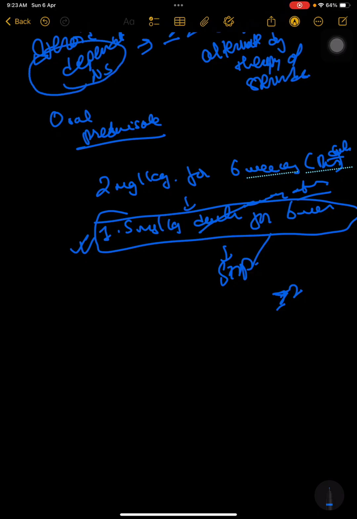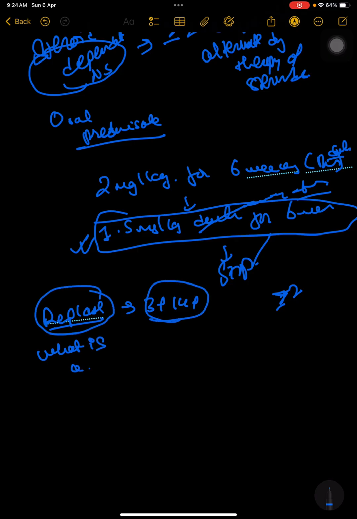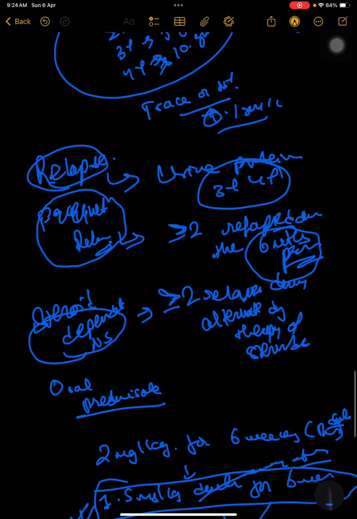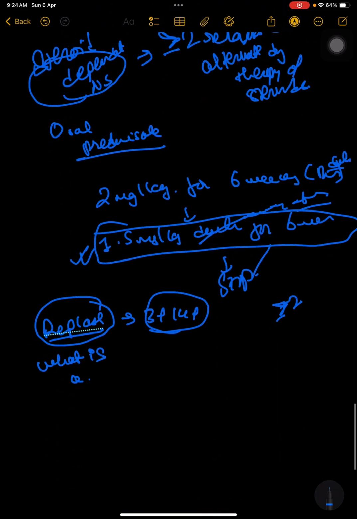If just asked, what is a relapse? Relapse means 3 plus, 4 plus, that's a relapse. Now if it asks frequent relapse, then 3 plus, 4 plus in 6 months.